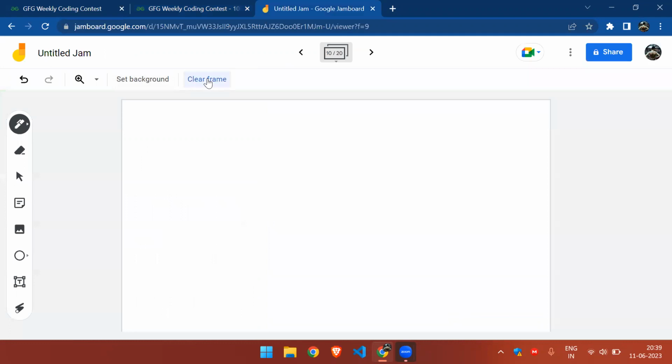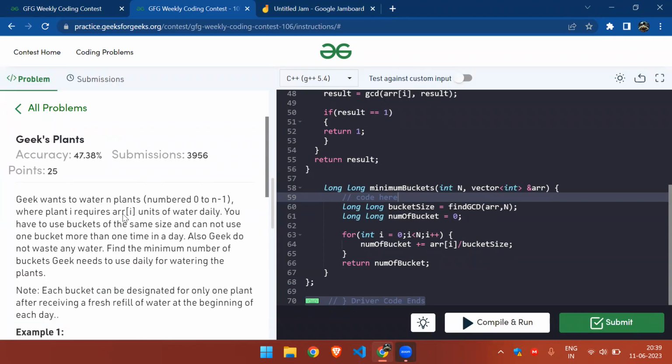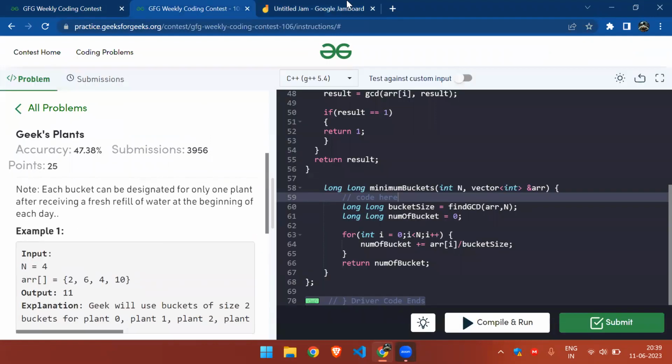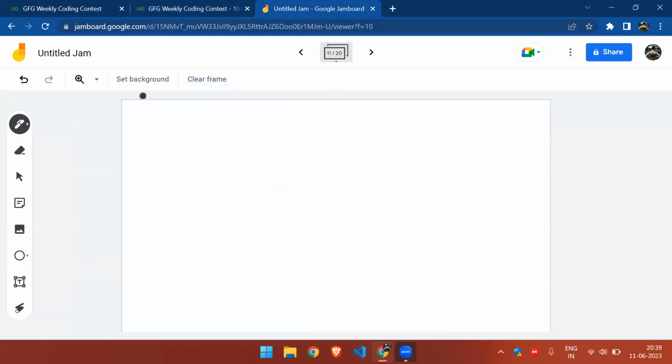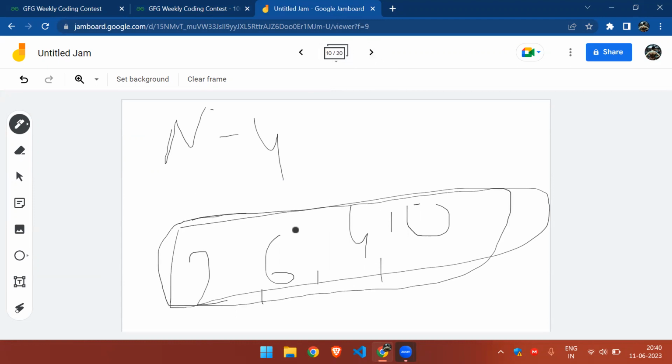So let us look at the test case. We have n equals 4 and the water required by the plants are 2, 6, 4, and 10. What we have to do is find the minimum number of buckets all these plants require to get watered.